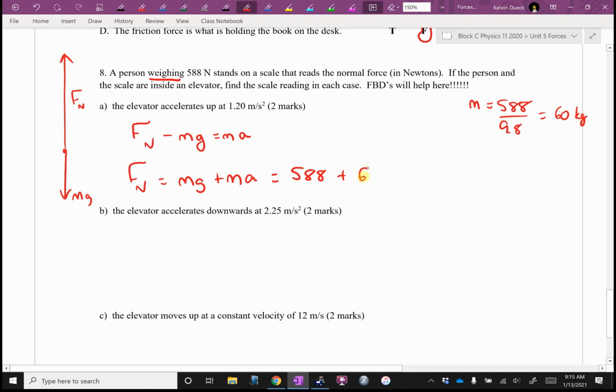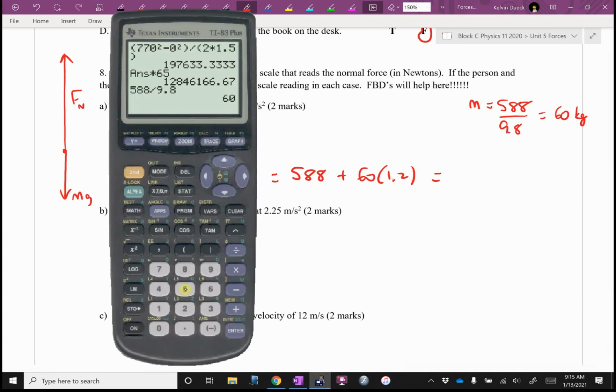So it's going to be 60 times 1.2. I should be able to do that in my head before I hit equals. 60 times 1.2 is going to be 60, plus 12 is going to be 72. It's going to be 588 plus 72. 660? Yeah?